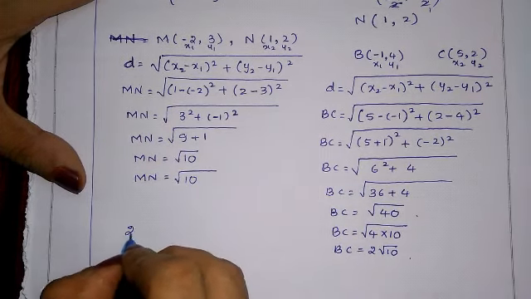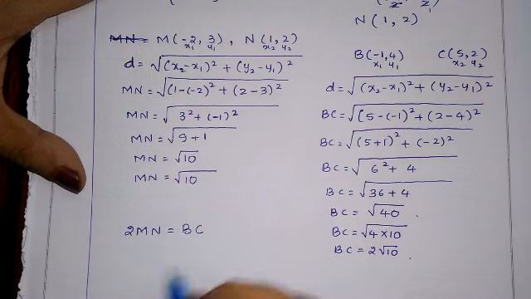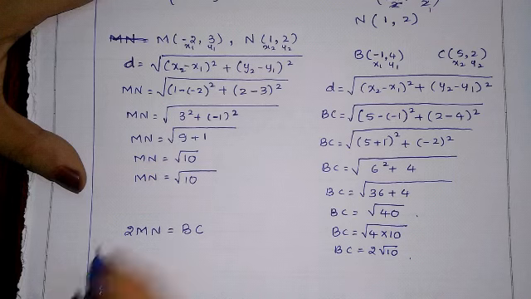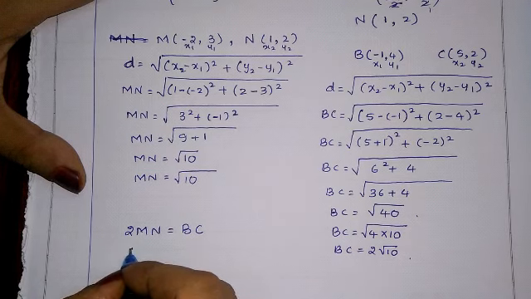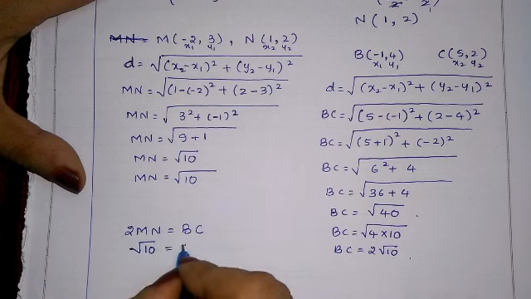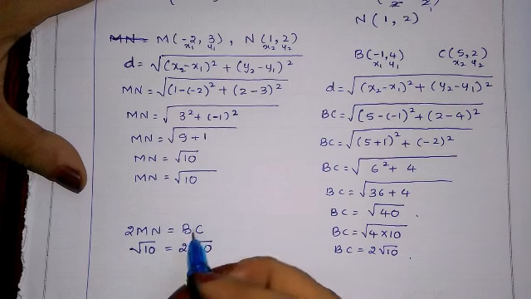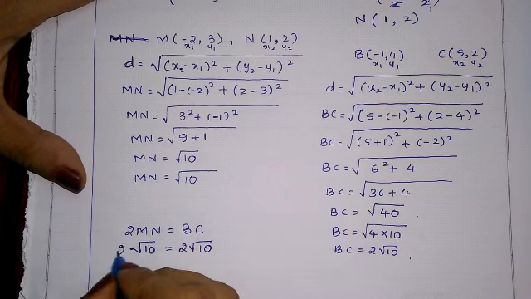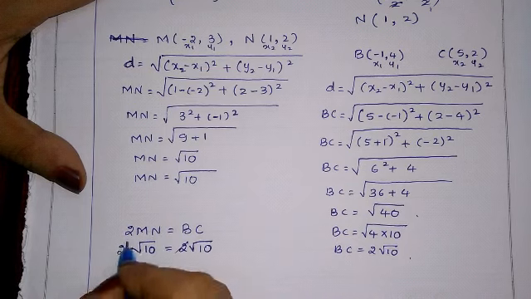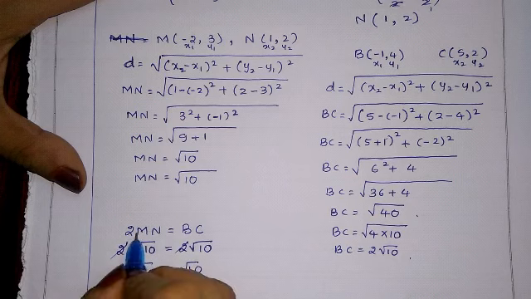Now they have told us to prove that 2MN is equal to BC. Yes, here MN is root 10 and BC is equal to 2 root 10. Here in BC and 2MN, the 2 gets cancelled, so root 10 equals root 10, both are equal.